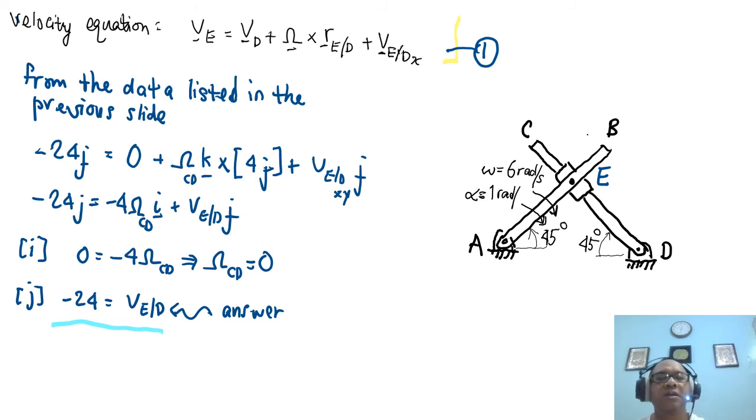Anyway, it's the same thing. It can also be written as omega CD. I might have made some mistakes here. So omega CD K cross position vector 4J plus the velocity, which we know is VE relative to D in the J direction.